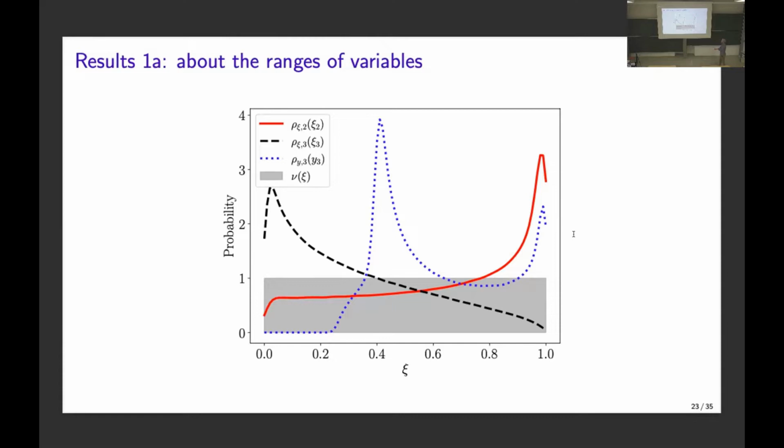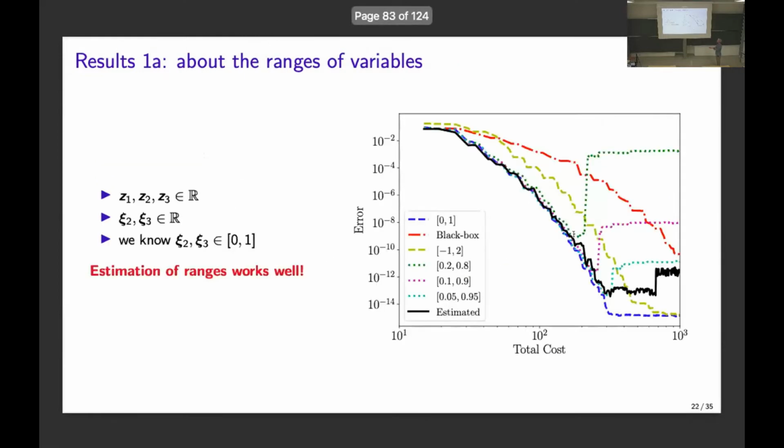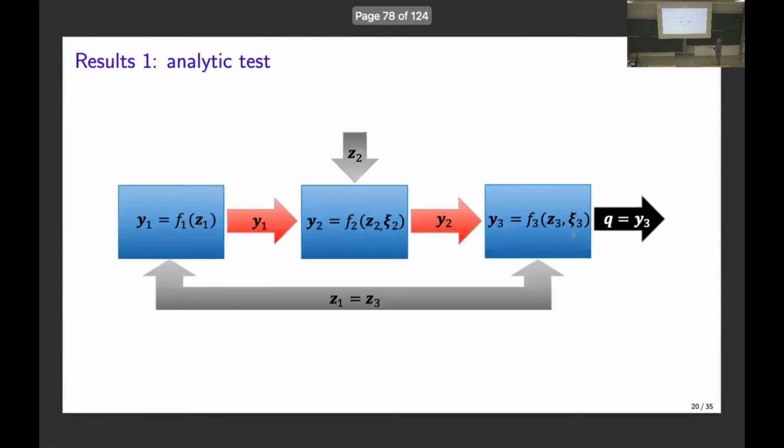This is where the picture I showed you earlier comes from. The previous example I showed was all 1D: one variable enters here, one goes from here to here, and one goes here. Now, second test: 4 inputs here, 4 inputs here, 4 inputs here, and we exchange more than one output.